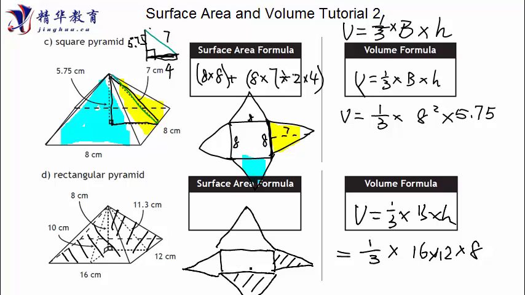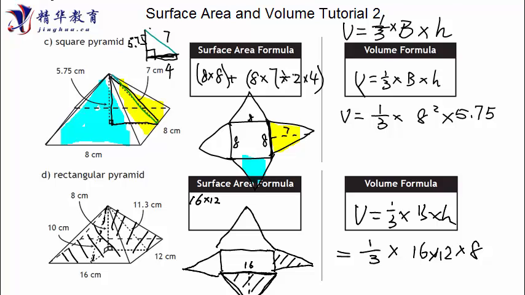Again, let's find out how to do the base first. Okay, the base equals 16 times 12. Easy enough. However, for the triangles, let's deal with this triangle first. The base is 16. The height is how much? Which is the height of this part.